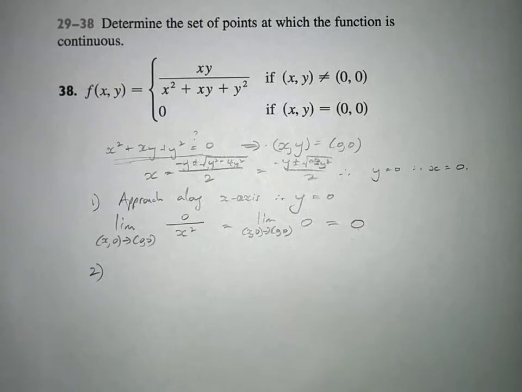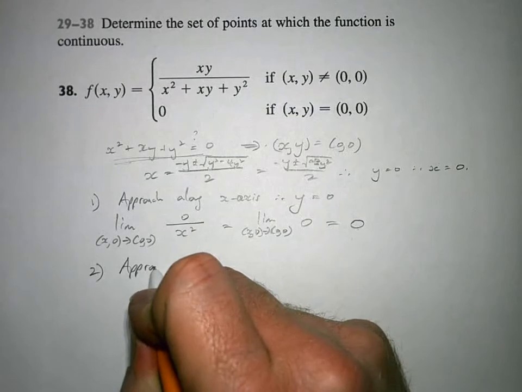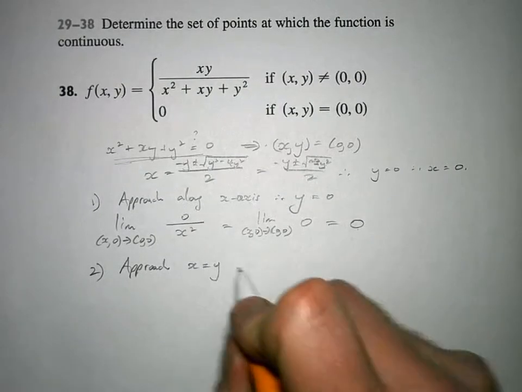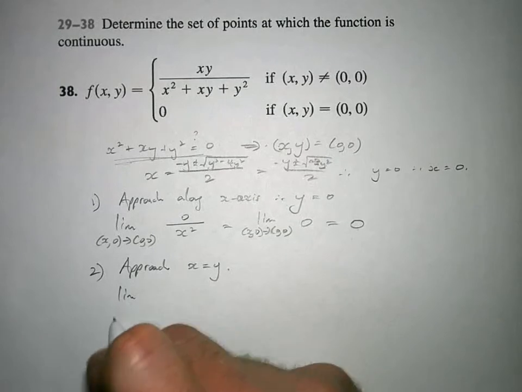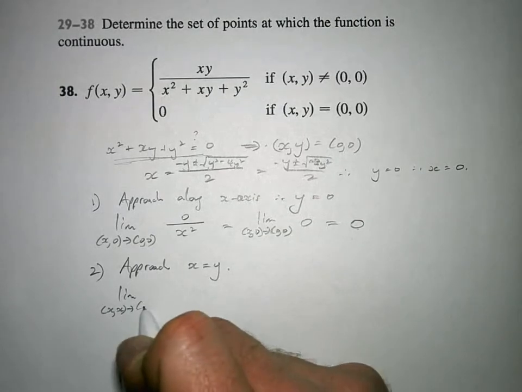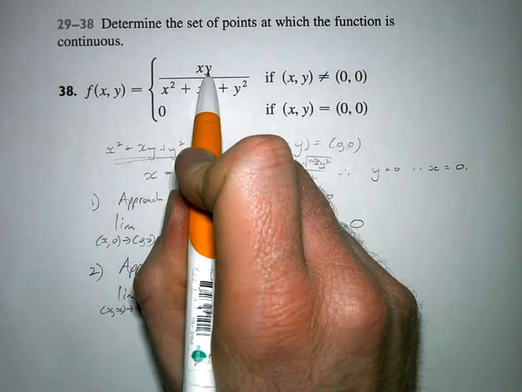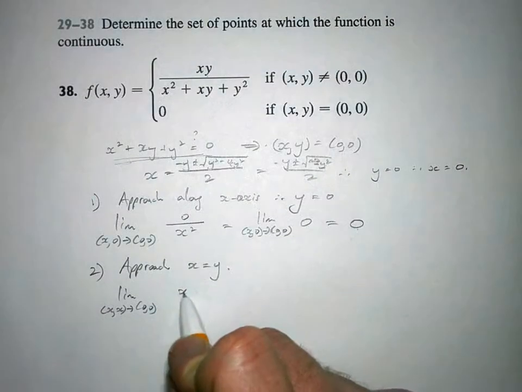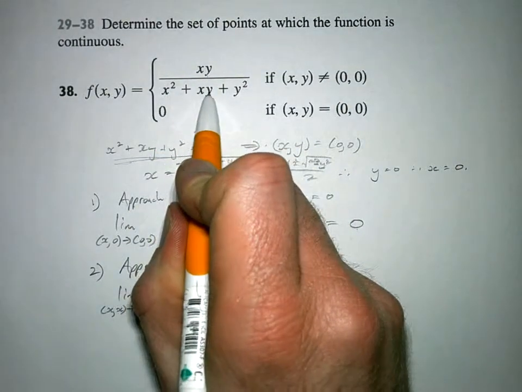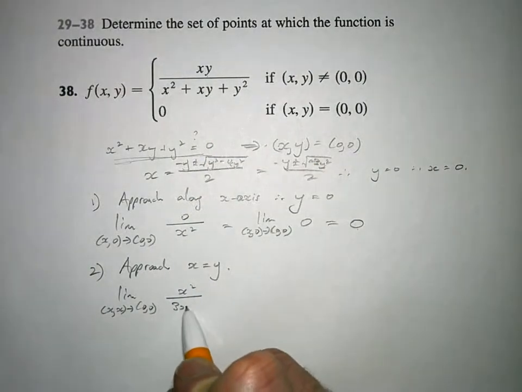If you approach along the y-axis, you get the same value, but let's try approach along the line x is equal to y. Then our limit becomes, well, now we're approaching (0, 0), and our function becomes, wherever we've got a y, we're going to replace it with x. So we've got x squared over there, divided by x squared plus x squared plus x squared. So we've got x squared divided by 3x squared.